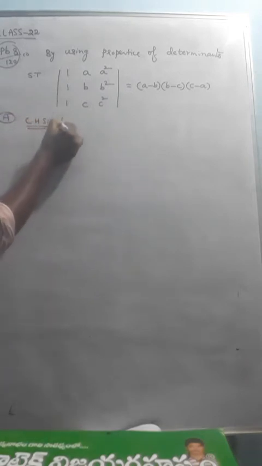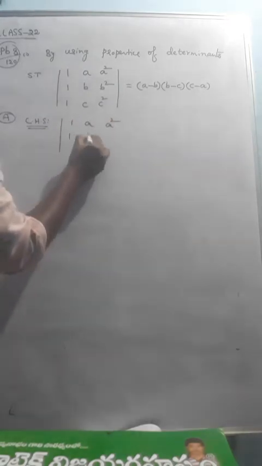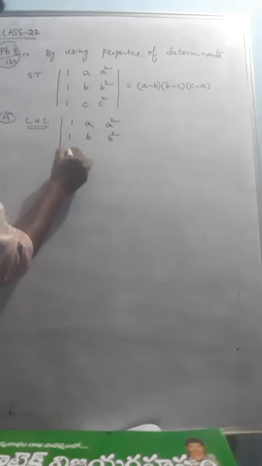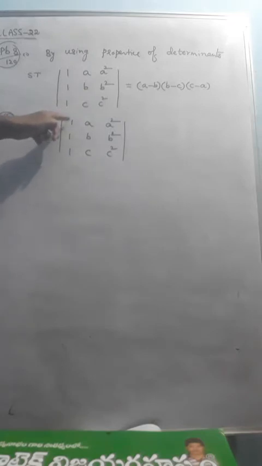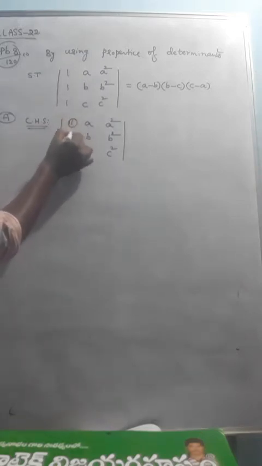What is the LHS? The determinant of 1, a square; 1, b square; 1, c square. See here, in this column ones are there. If you make any two ones into two zeros, then if you expand the determinant, you will get the right hand side part. So what is your aim? Your aim is to make any two ones zeros by using properties of determinants. So I will choose first row and second row.